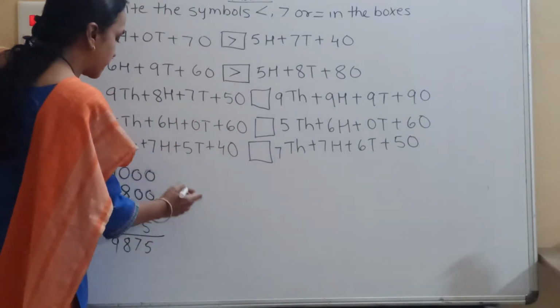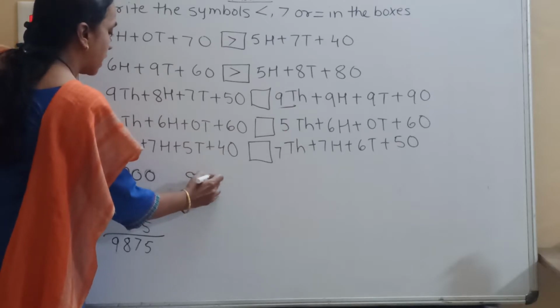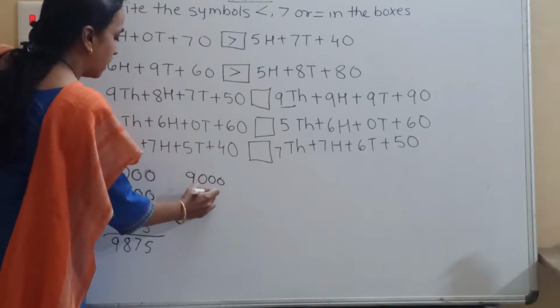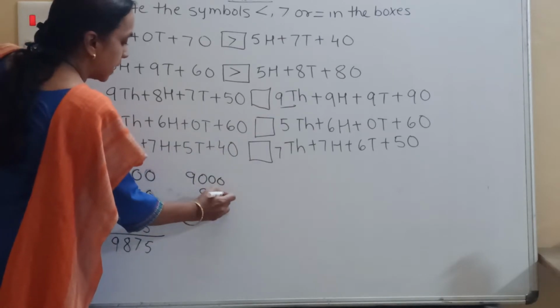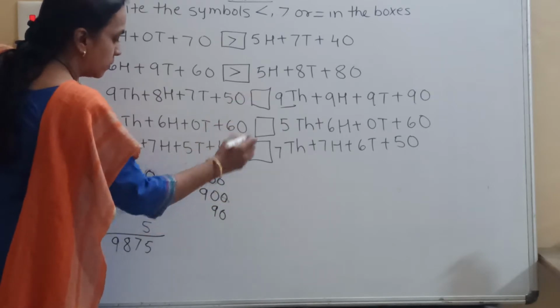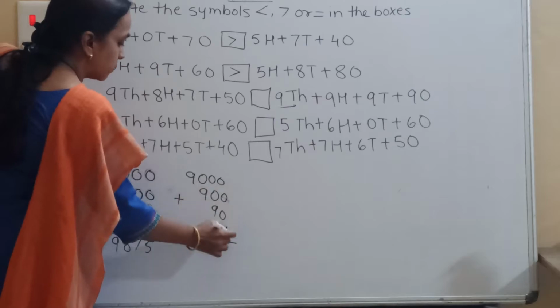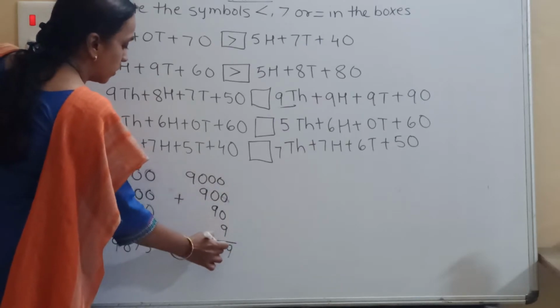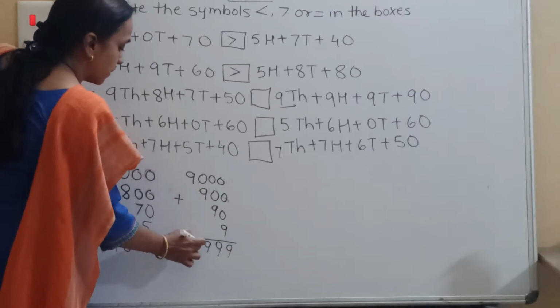And that side, what is that? 9,000. Again 9,000 plus 900. So 900. Then 9 tens means 90. So write down 90 and 9 ones means 9. So 9 plus 0, 9. This 9 as it is.